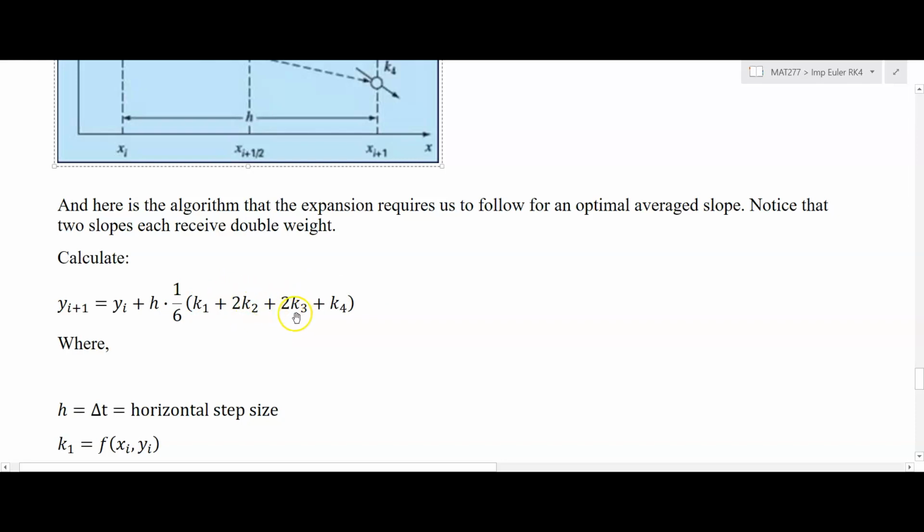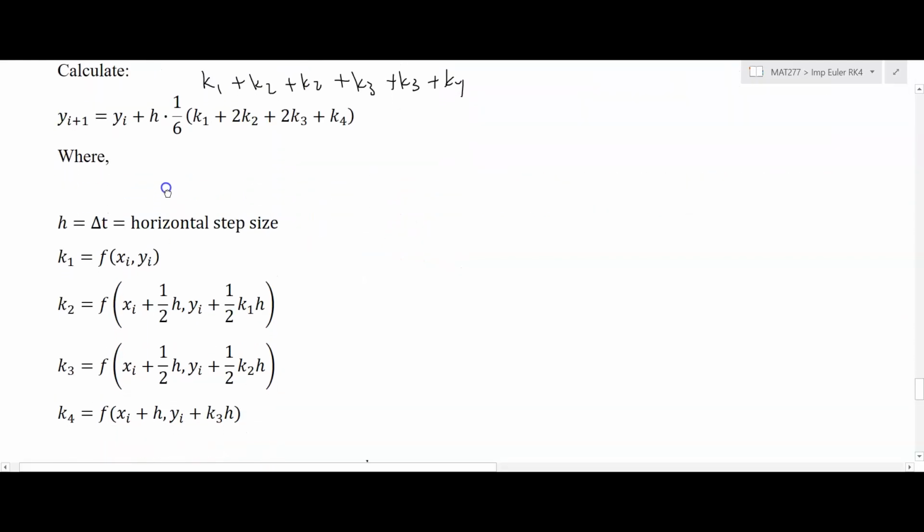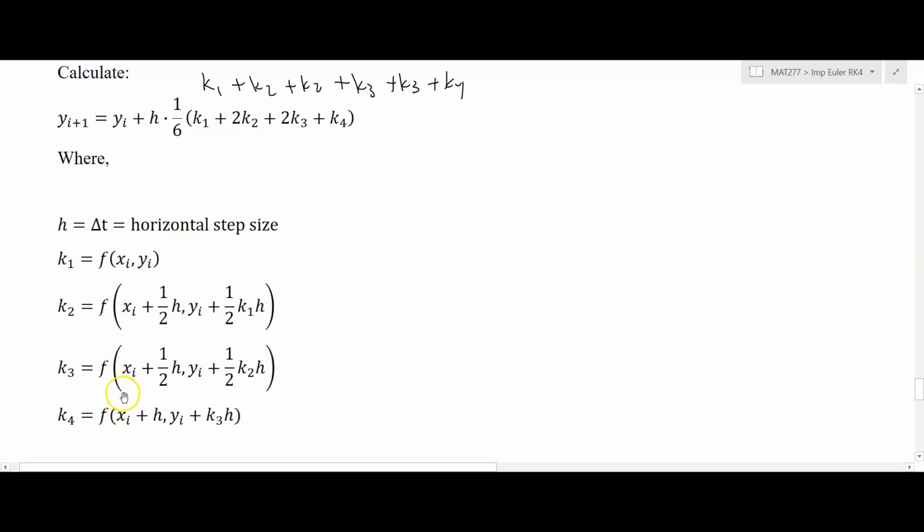So notice they have coefficients of 2. We have 1 plus 2 plus 2 plus 1 is 6. So there are really 6 slopes lingering in here, because it's really k1 plus k2 plus k2 plus k3 plus k3 plus k4. We get k2 in there twice and k3 in there twice because they hold more significant weight. h is the step size. Here is how the k's are calculated.